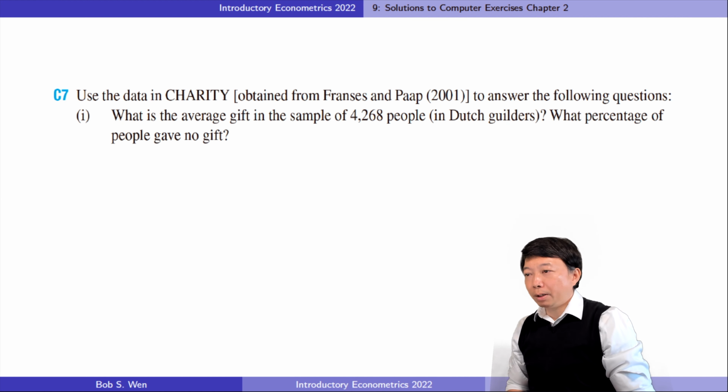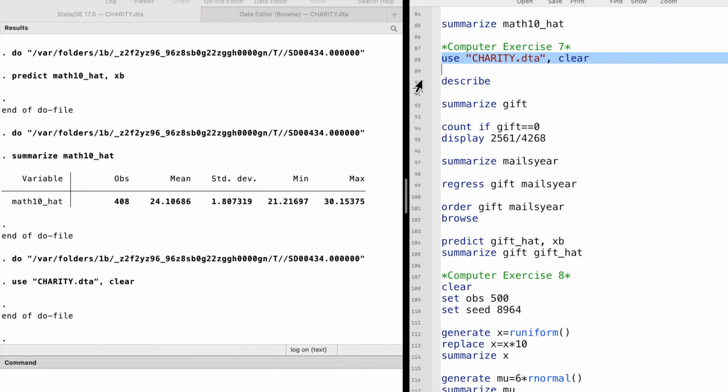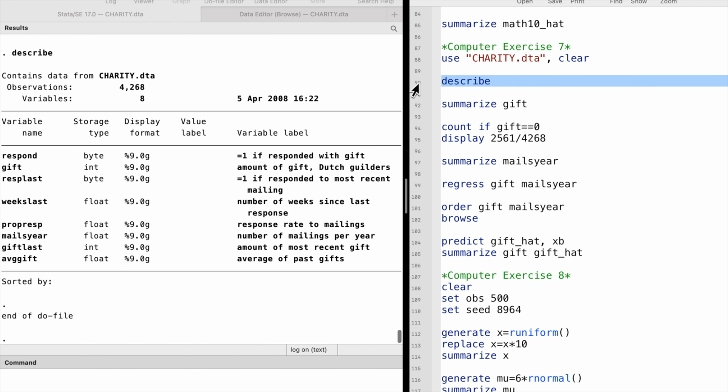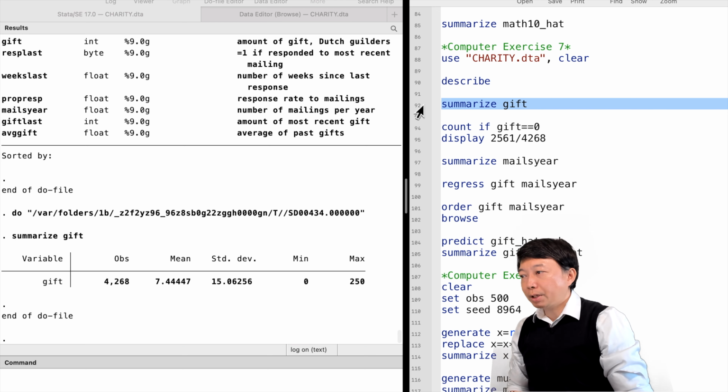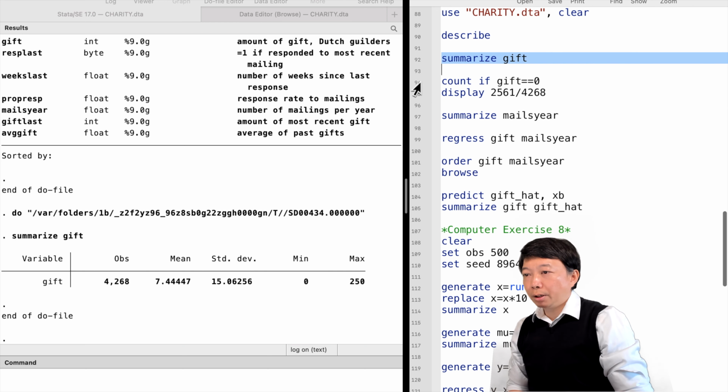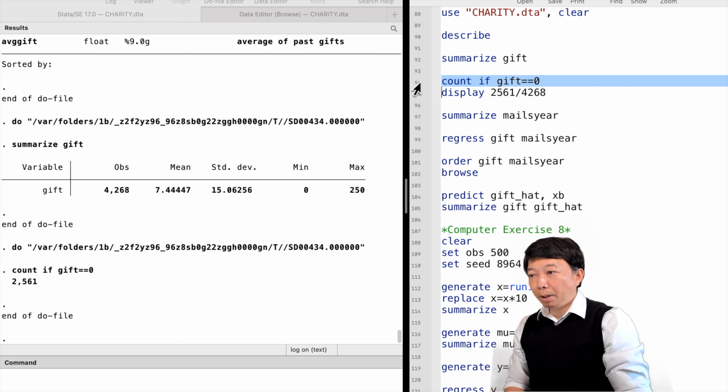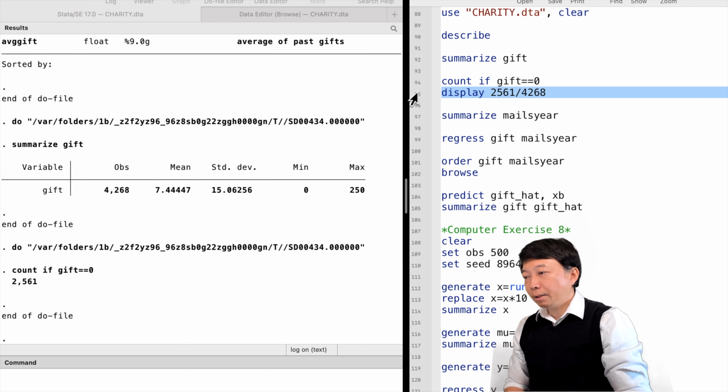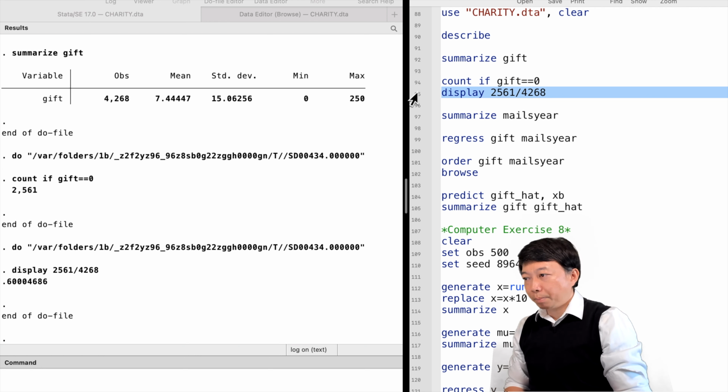Let's do the seventh computer exercise. For the first question, the average gift in the sample is $7.44 Dutch guilders. The number of people who gave no gift is 2,561. It is 60% of the people in the sample.